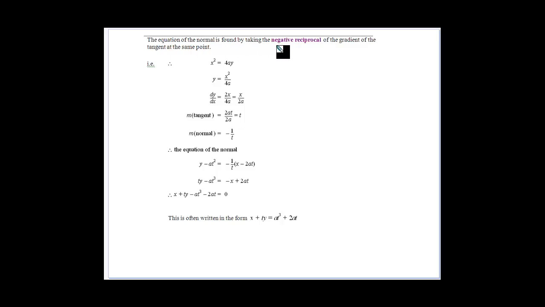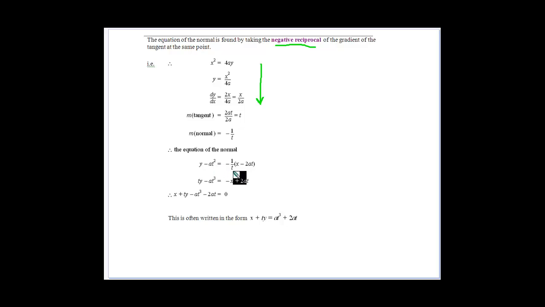Equation of the normal. Remember, for the normal we take the negative reciprocal. So we do the same process as before: get the gradient of our tangent, and then the gradient of the normal is −1/t. From that, the equation of the normal would be y − at² = −(1/t)(x − 2at).